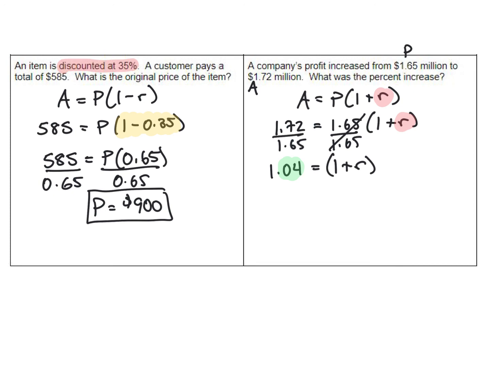Mathematically or algebra-wise, what I can just simply do is just subtract 1 from both sides, and that would give me 0.04 equals my rate. So the rate of increase in this case would be 4%. Okay, so that one just a little bit extra work in terms of the algebra to solve that. Again, it's just comparing it to that number 1, whether it's bigger or smaller for percent increase or decrease.